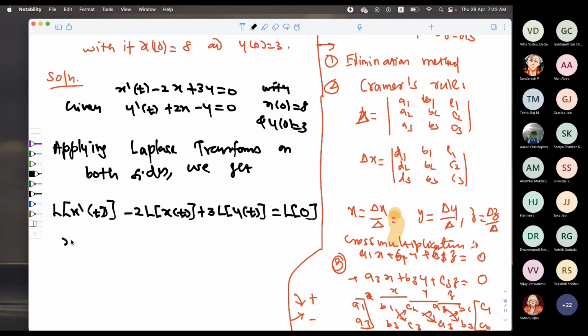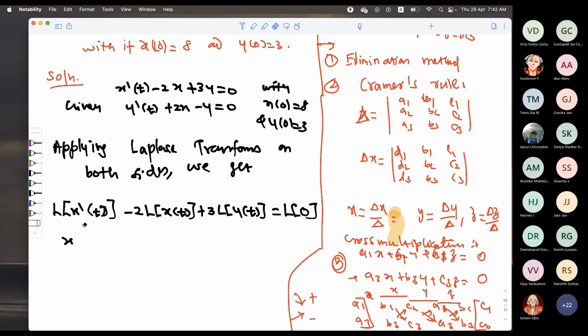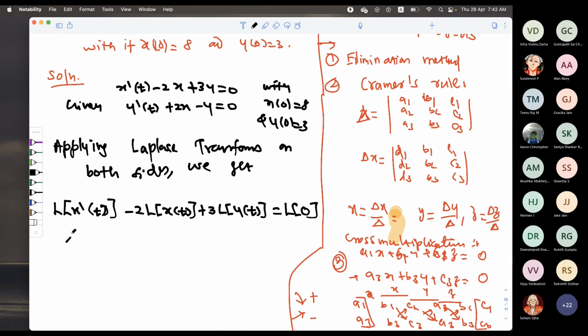This can be written as s times x of s minus x of 0, minus 2 times x of s plus 3 times y of s, which is 0.